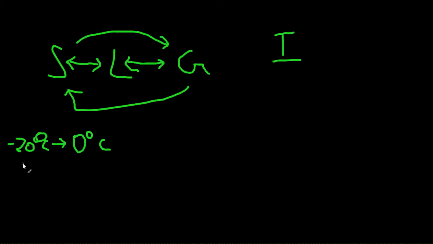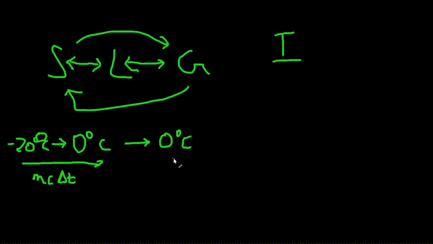Now it's going to take a bit of heat energy here to get this solid from -20 to 0. Okay, you can calculate that using MC delta T easily. Now what you'll observe is that if you keep providing this energy for a while, the temperature is not going to change. It's going to remain at this 0 degrees Celsius.